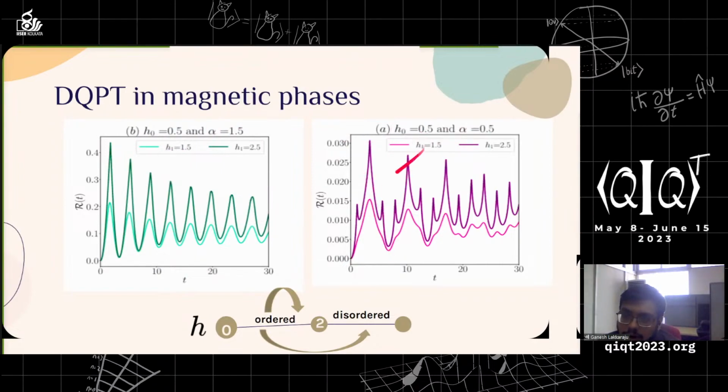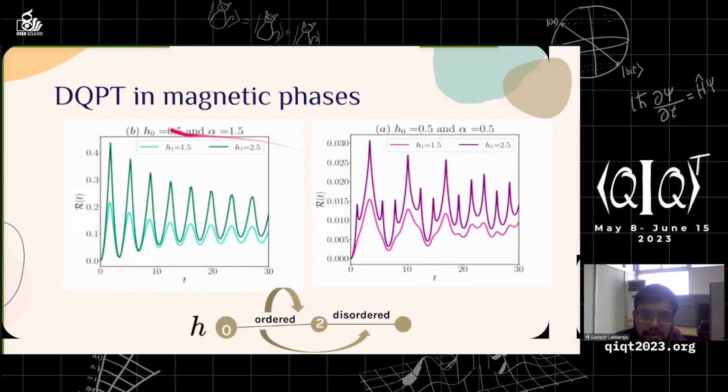From 0.5 to 1.5, again there is a very smooth behavior, and from 0.5 to 2.5 there are sharp peaks that come up. What is important to see here is that these non-analyticities are uniformly spaced periodically, and there is only one such time. On the other hand, in the non-local phase, there are two different uniformly spaced non-analytic behaviors present.